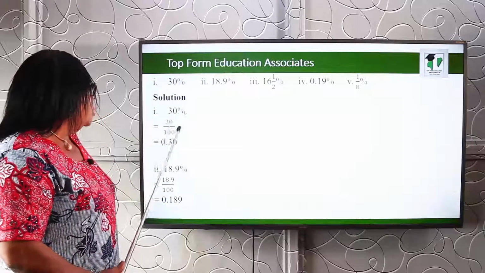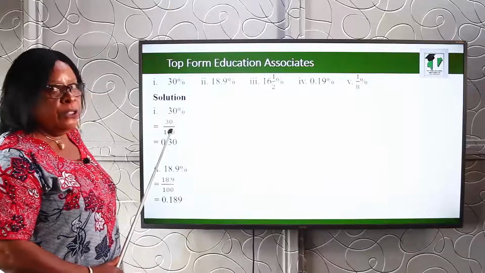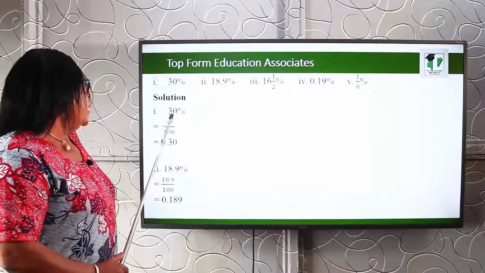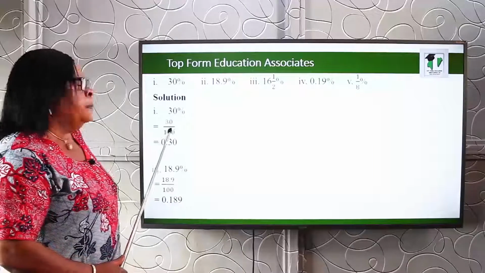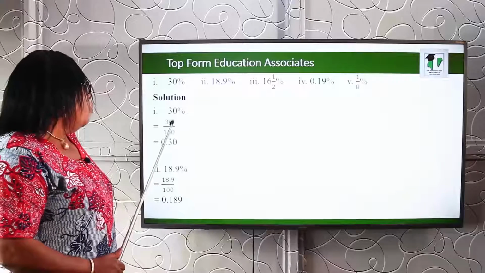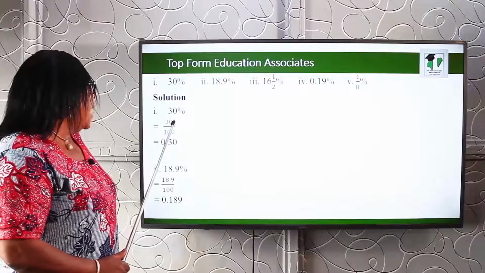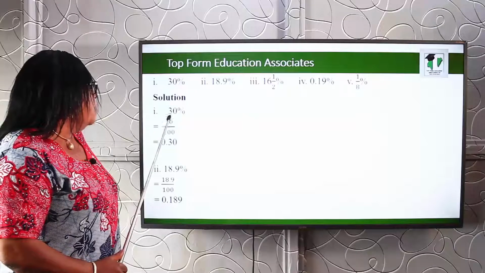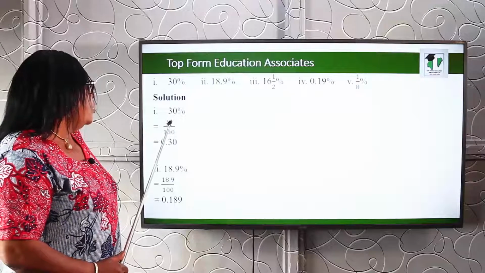30% is equal to 30 divided by 100. Remember, percent means per 100. To do that, the decimal point is assumed to be after 30, that is after the 0.